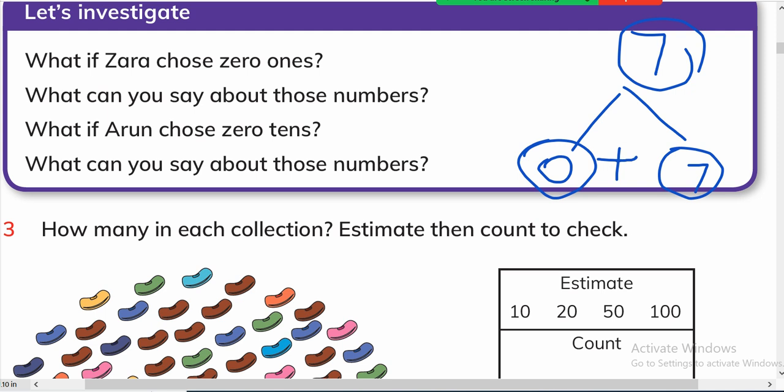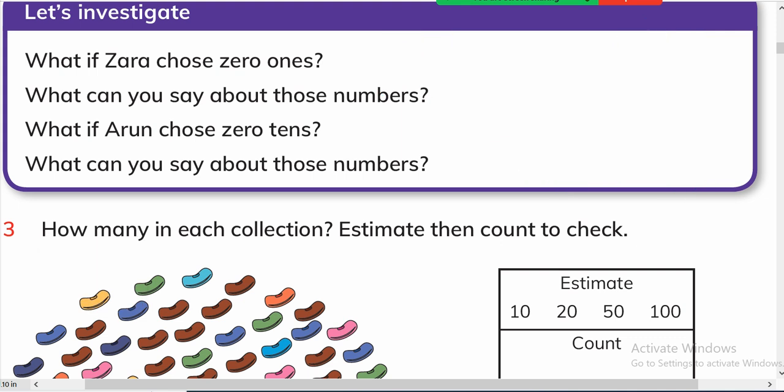We can write 0 plus 7, and if we have to break down the number bond, we can do 3 plus 4 as number 7. But here we have to tell that we have 0 tens. So that's why we will write 0 at tens side and 7 at ones side.